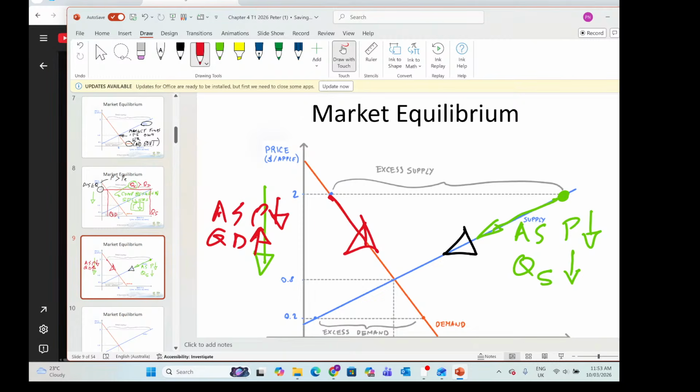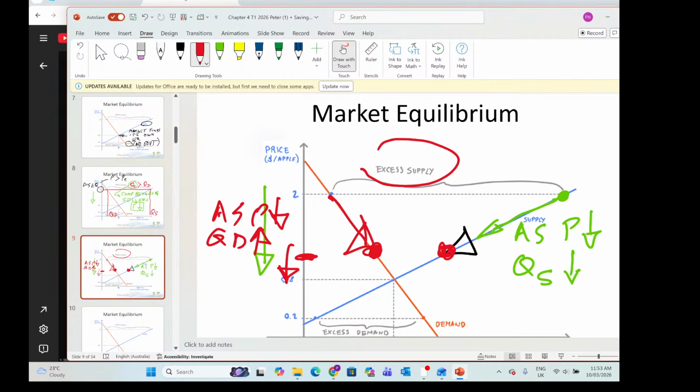And imagine that we do get to a price where I'm indicating it's still above the equilibrium price. So even at the red price, the quantity being demanded, I'm making a dot, the quantity being supplied, I'm making another dot, you can see that the quantity being supplied is still greater than the quantity being demanded. There's still an excess supply, and so the price will fall again. Right?